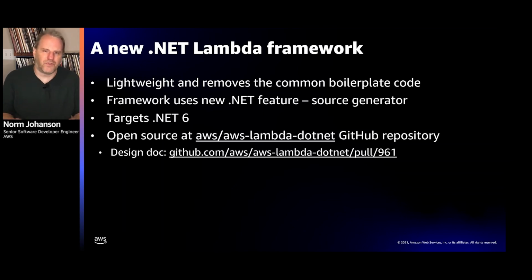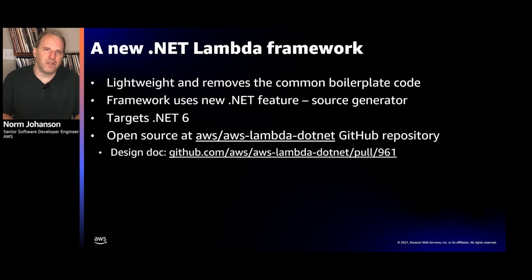So with our new framework, we're trying to create something that looks similar to what you're used to with ASP.NET Core, but a lot more lightweight, so it doesn't affect any of your cold start performance. The experience will be a lot more idiomatic. You can use attributes to say exactly where you're getting your data from, but with very little cold start time.